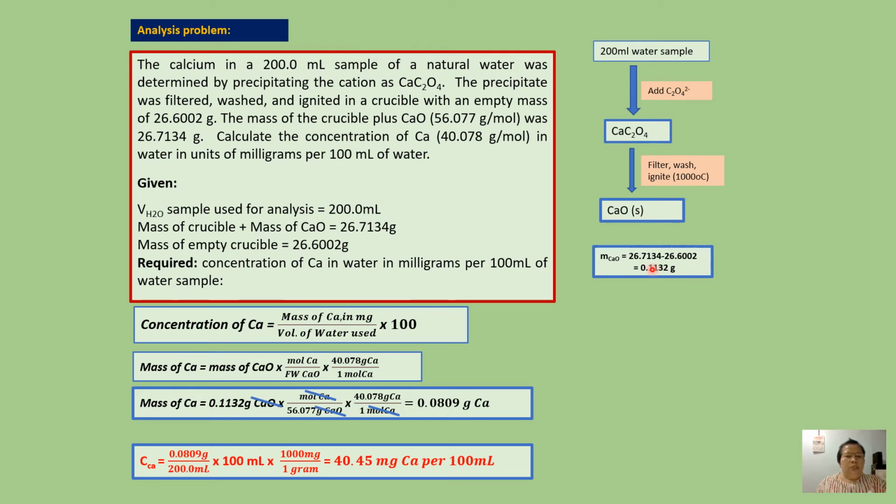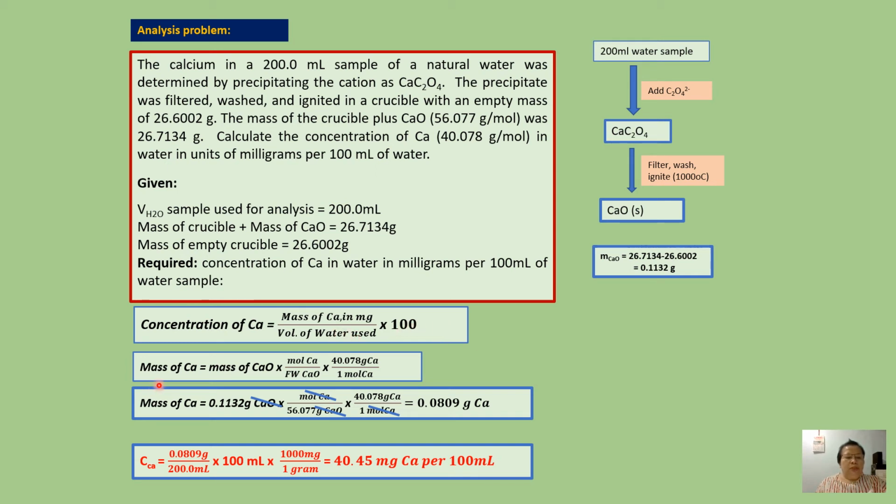To solve for the concentration of calcium in water, we have to use this formula. The concentration of calcium is the mass of calcium in milligram unit divided by the volume of water in ml unit times 100 ml. So we have to solve first the mass of calcium.